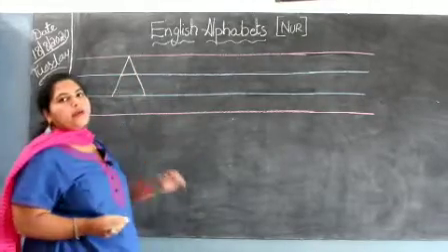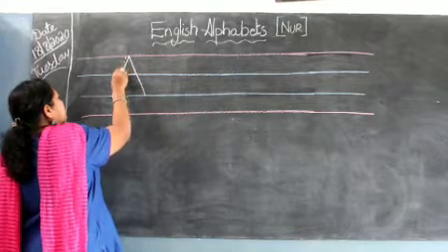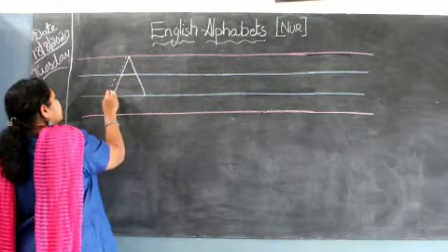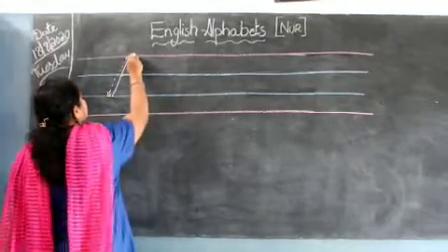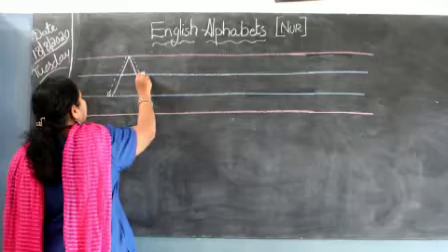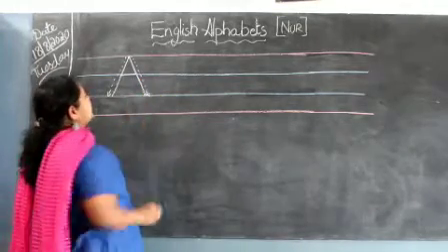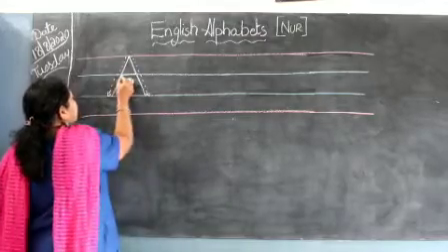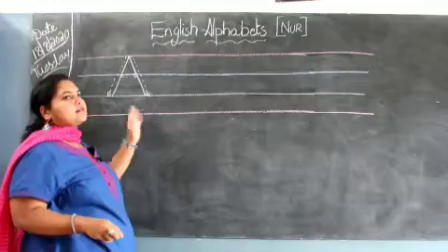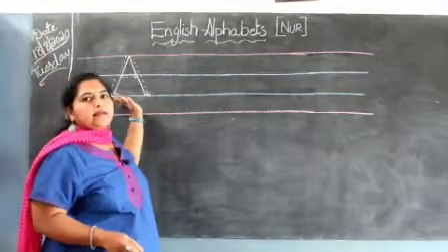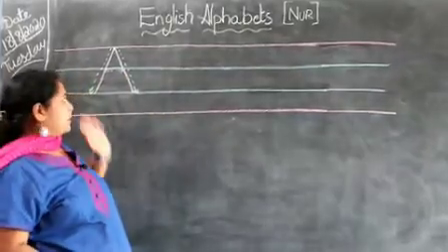This is your A. So this is how it goes, starting from the red to the blue, your right slanting line, again starting from the red up to the second blue line, your left slanting line, and then joining both the slanting lines with your sleeping line. This is the alphabet letter A, the first letter in the English alphabet.